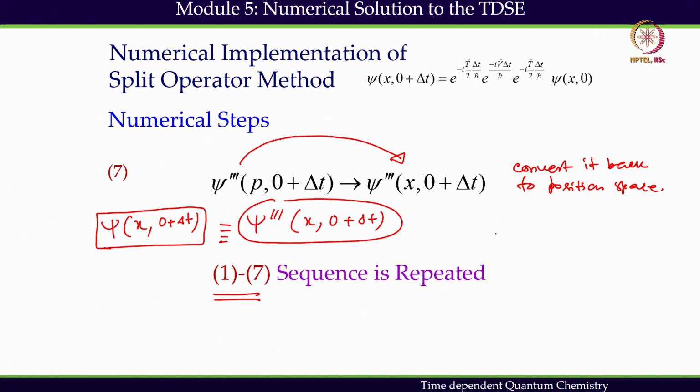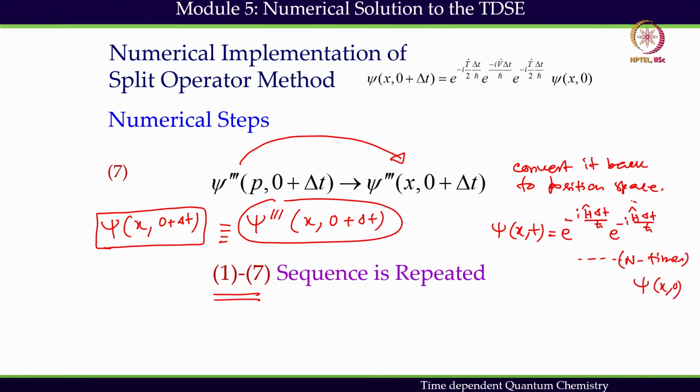Because in the end I have represented already that the final wave function at a particular time t is nothing but the product of this small step propagator, e to the power minus i delta t by h cut, n times I have to make the product, and then you multiply by x0.